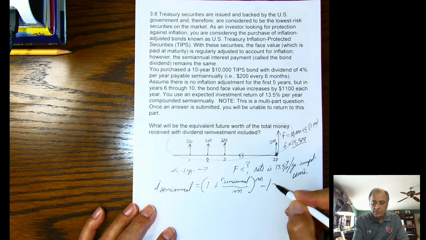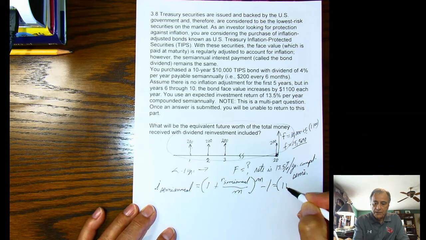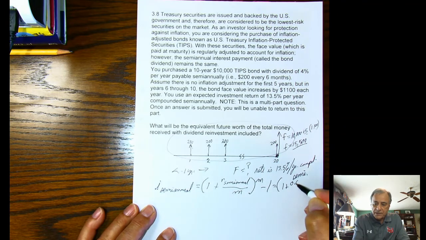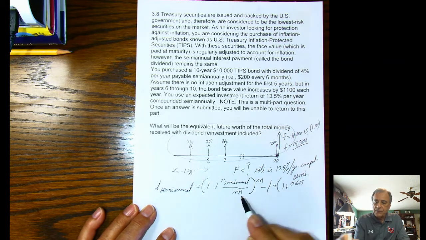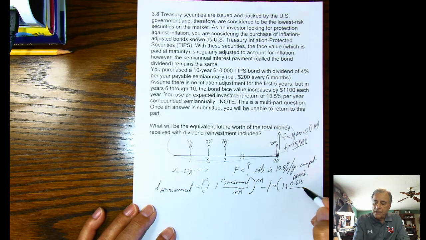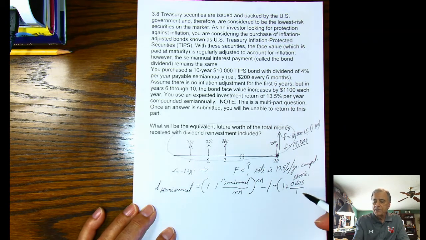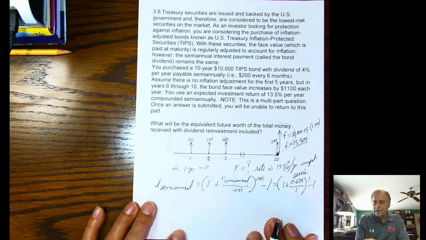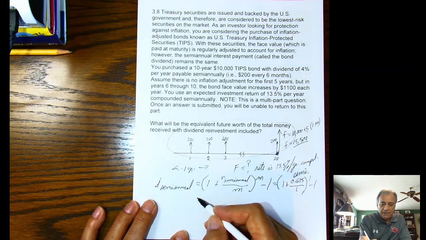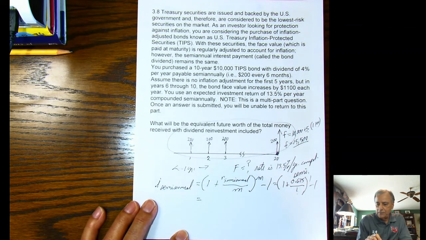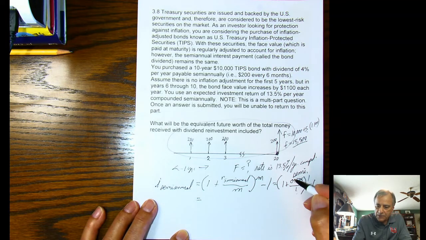So this is going to be 1 plus 0.0675, that's half of 13.5%, divided by 1. How many times is it compounded in a semi-annual period? Exactly once, then minus 1. Once you get to realizing how this works, you might be able to do it in your head.